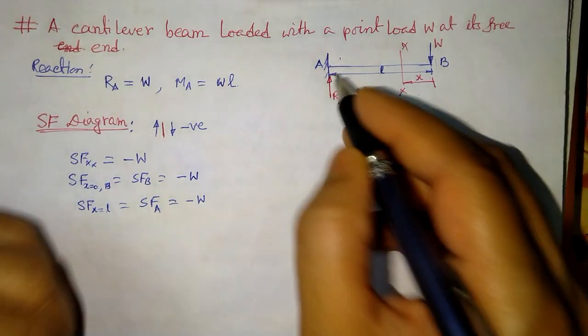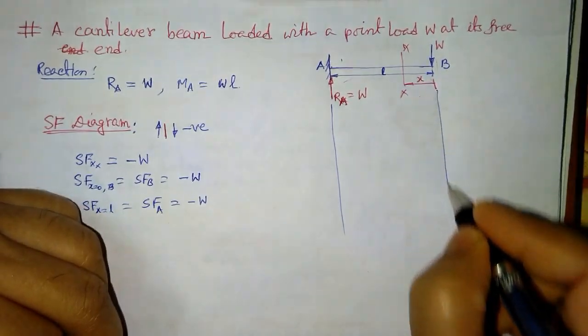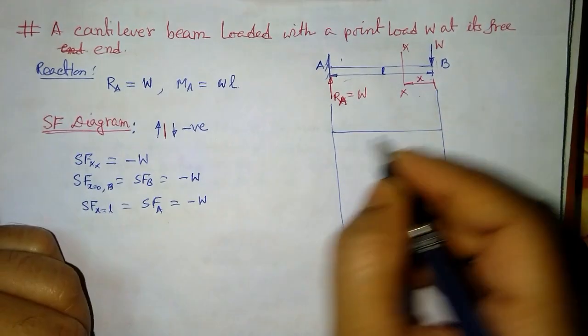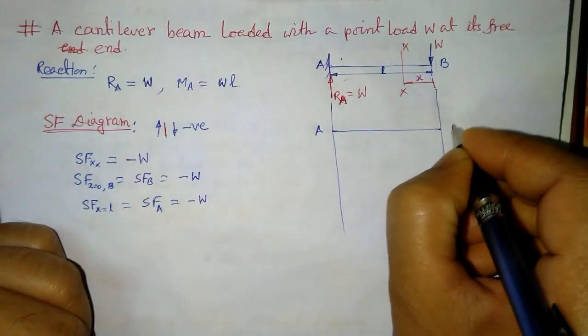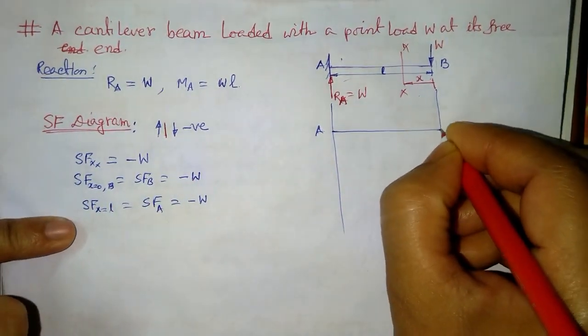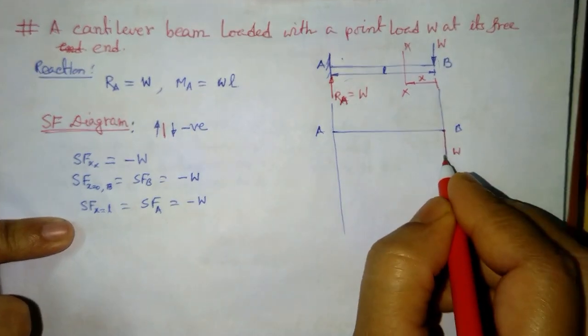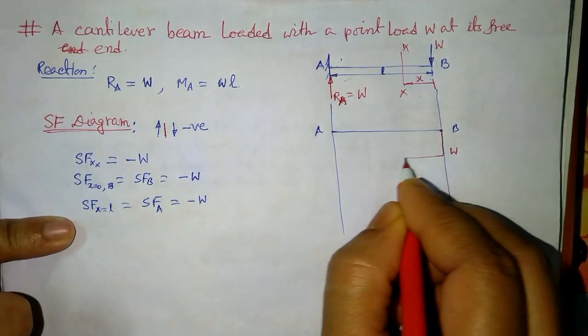So now if we draw it, we get it like this: this is A and this is B. At point B we have minus W, and this remains constant because in between there is no shear force.